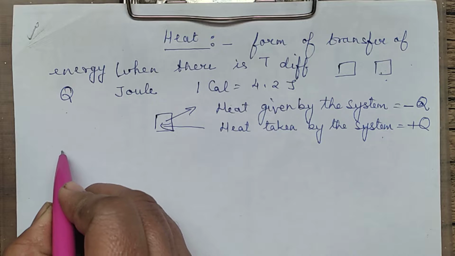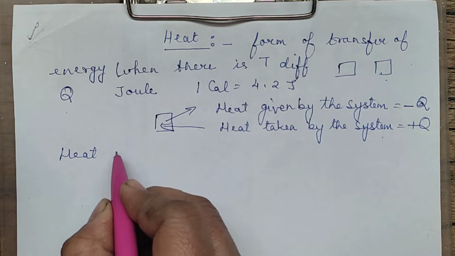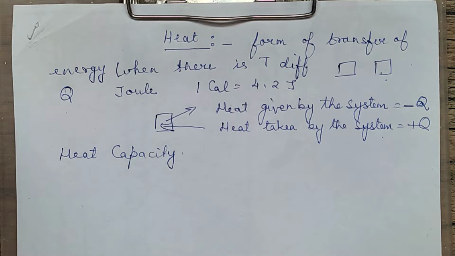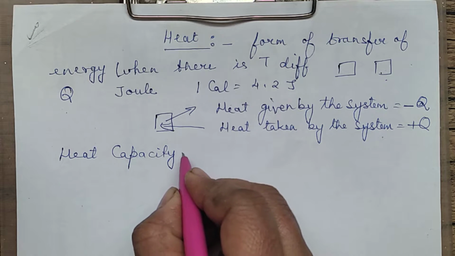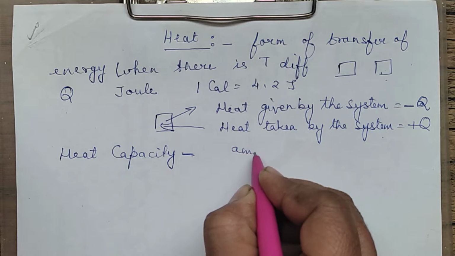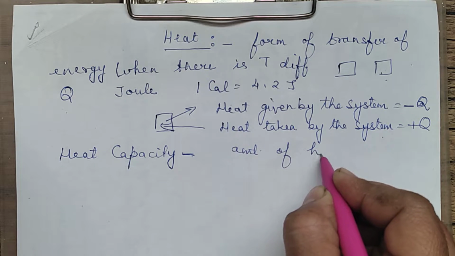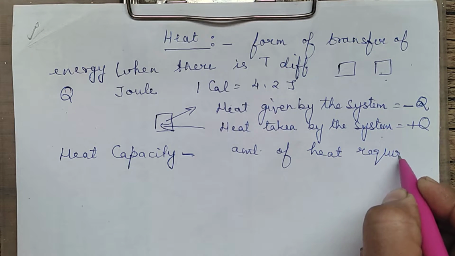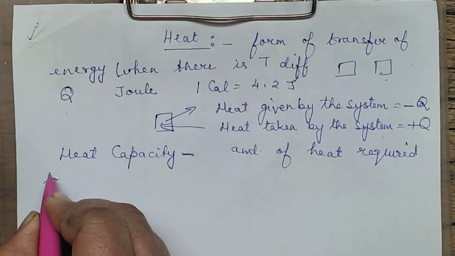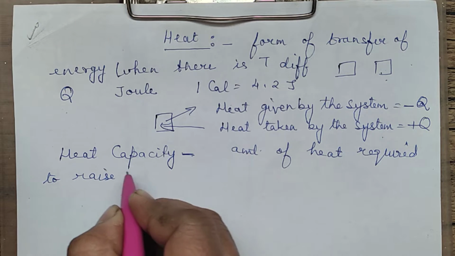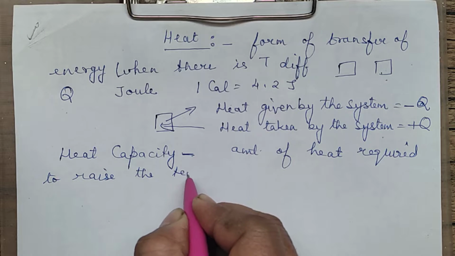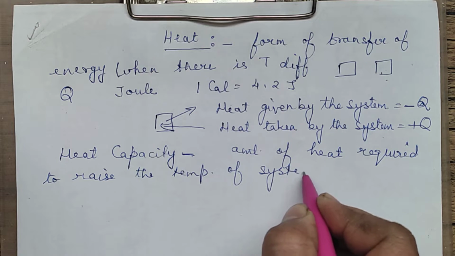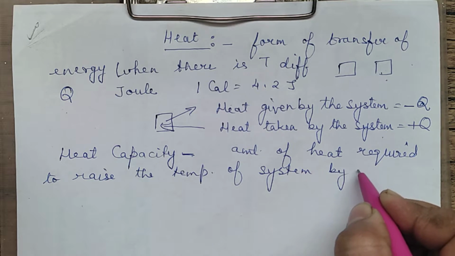Now we'll move on to the next term, heat capacity. Now what is heat capacity? Heat capacity of a system is defined as the amount of heat required to raise the temperature of system by 1 degree Celsius.